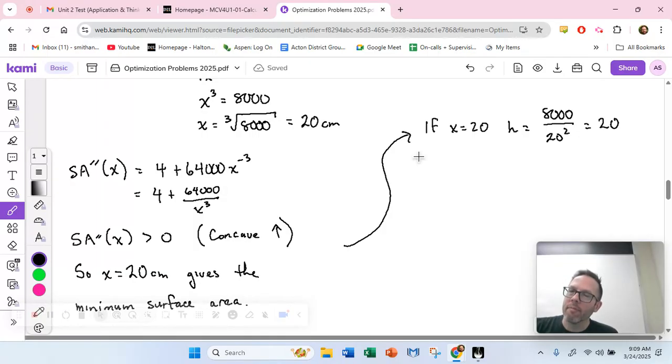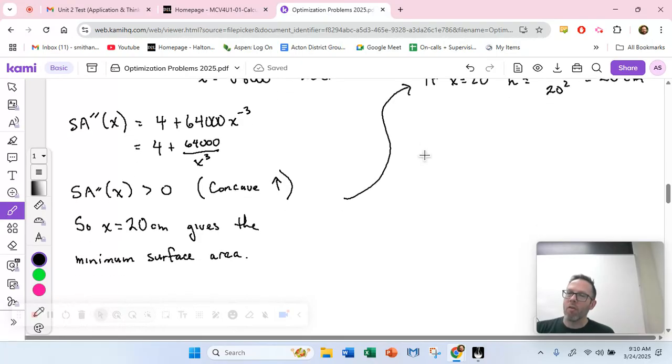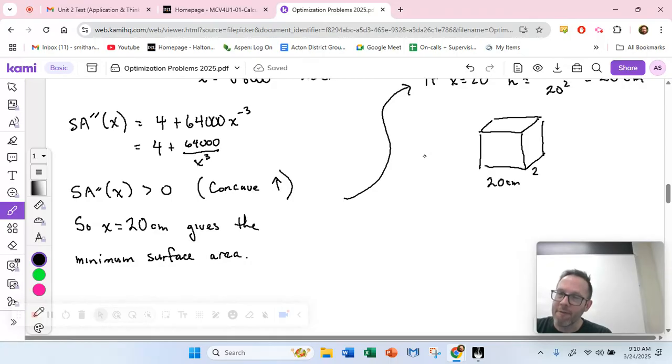It is also 20. So what you guys have shown here is actually some general principle that just applies all the time. If you want to minimize the surface area given a fixed volume, this also goes the other way. If you want to maximize volume given a fixed surface area, you should make a cube.